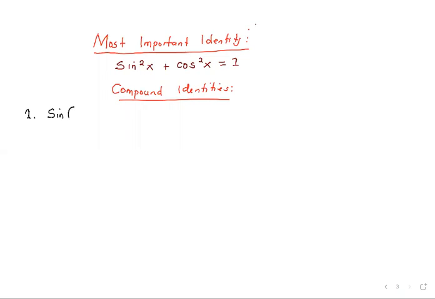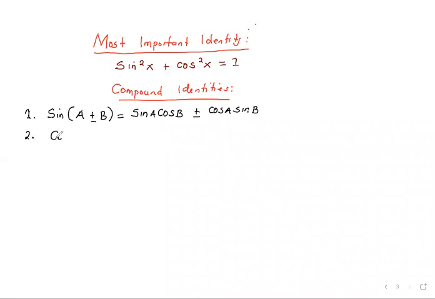So we start. One: sine A plus B is equal to sine A cos B plus cos A sine B. If I put minus, I'll have minus there.